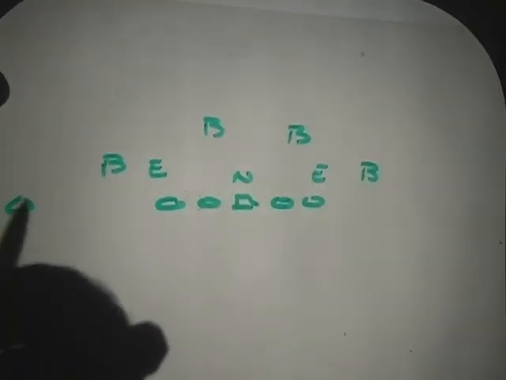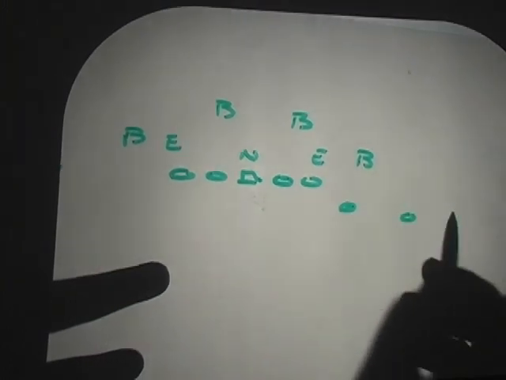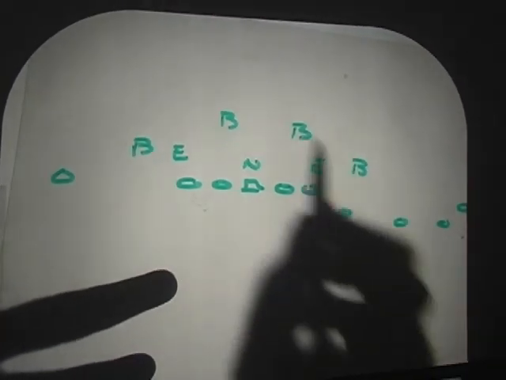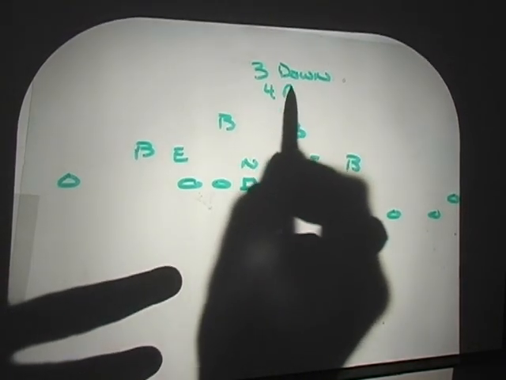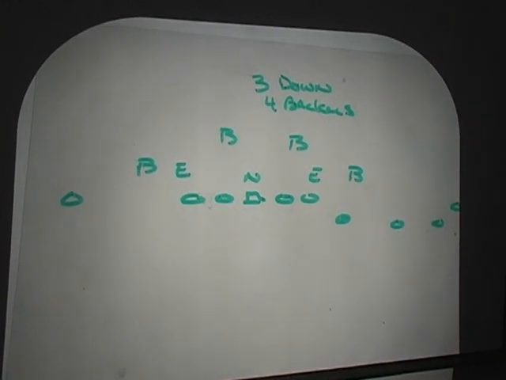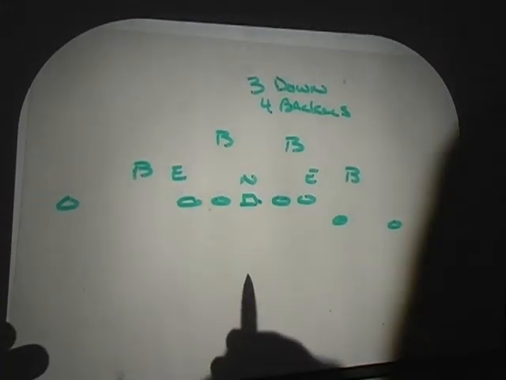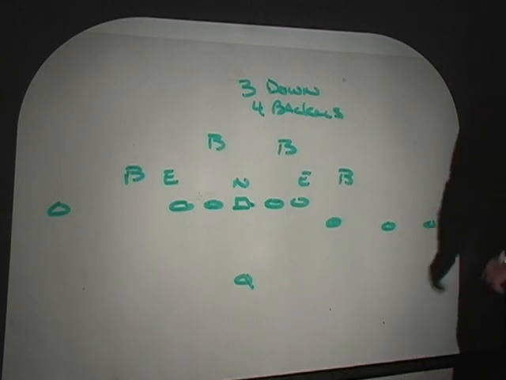We consider this defense right here a 3-4. 3 down, 4 backers. That's what we consider an odd. We've been lecturing all week, and that's what we consider an odd. A 3-4.